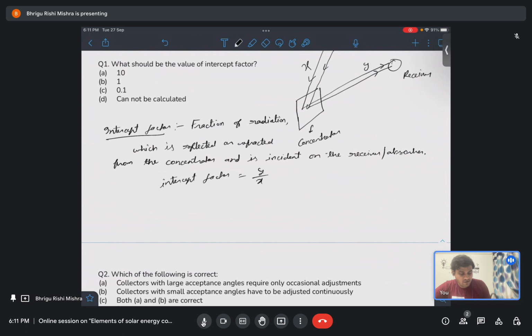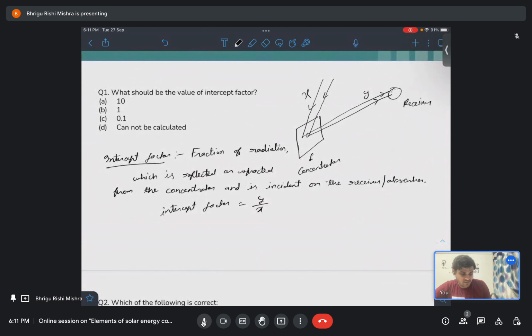Okay, so now in the best case scenario, whatever radiation is hitting the concentrator should go to the receiver. So that means it should be 1, best case scenario, or ideally speaking, the intercept factor should be 1, and in this way we will gain the maximum efficiency. However, this is not always the case, so depending upon the application, this y is always less than the x.